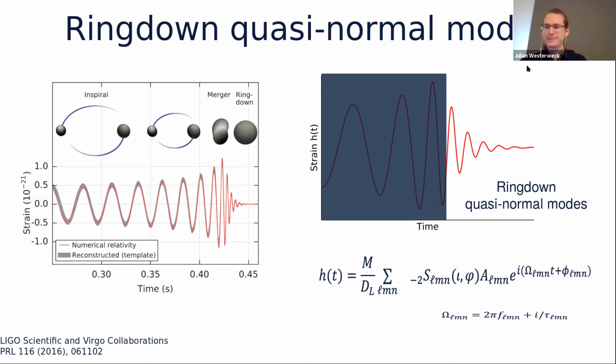And each individual damped sinusoid is determined by 4 parameters. Those are the frequency f and damping time tau, which are determined by the mass and spin of the black hole, and also its amplitude and initial phase, which are determined by the initial perturbation.